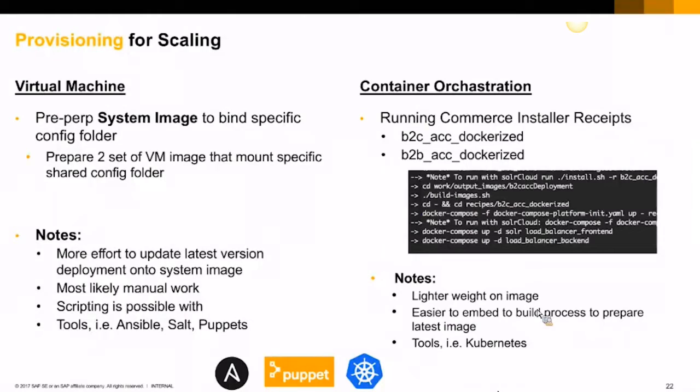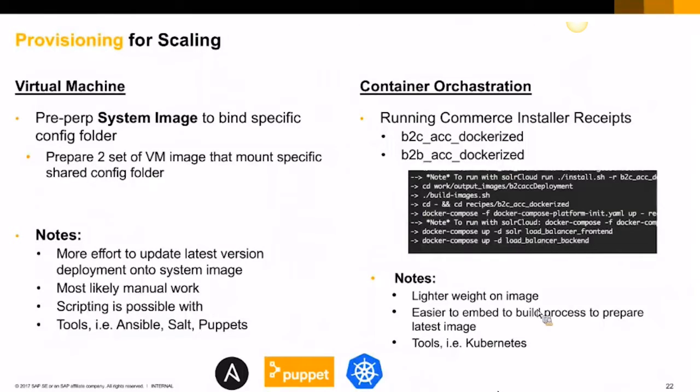So sometimes we'll create two different system images, pre-binding the Hybris config directory properties into two different shared folders. One shared folder contains the front-end node configurations, and the other contains the back-end node configurations. This one is more of a traditional approach on VM technologies.